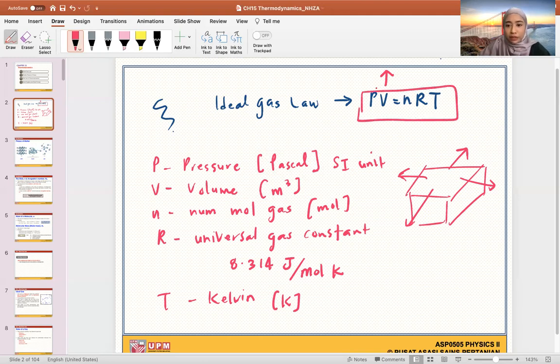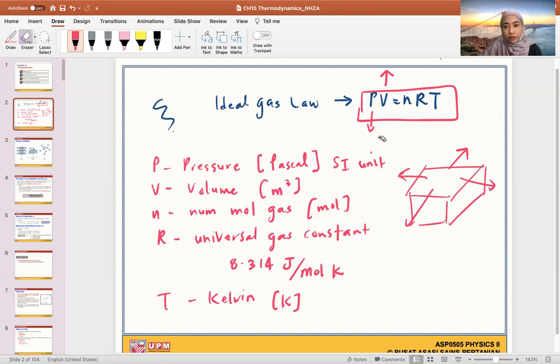For example, if I increase volume, something needs to change. It can be pressure goes down, or can n ever change when you increase the volume? No, because n is almost like a mass. Any mole, but you can view it like a mass, and mass does not change.